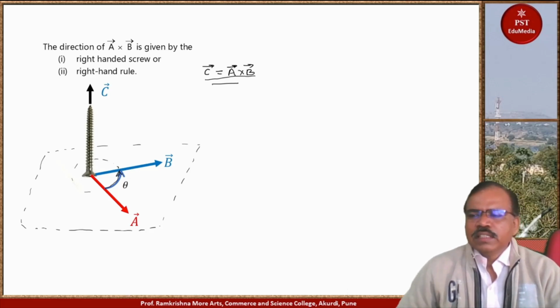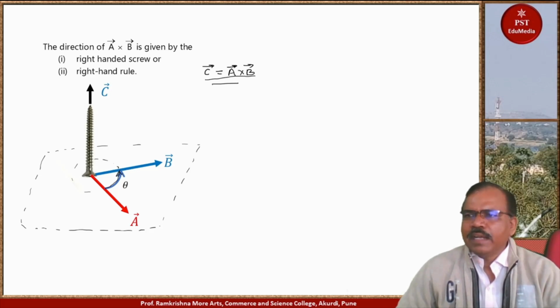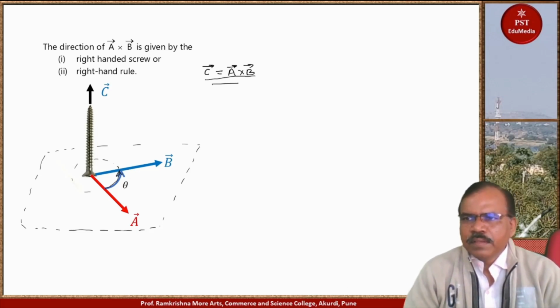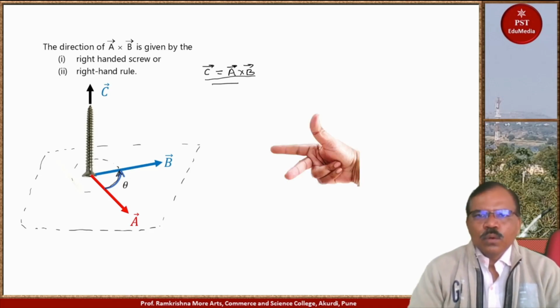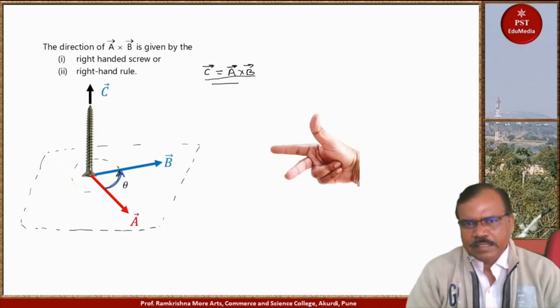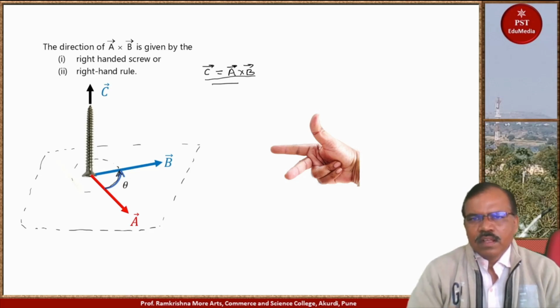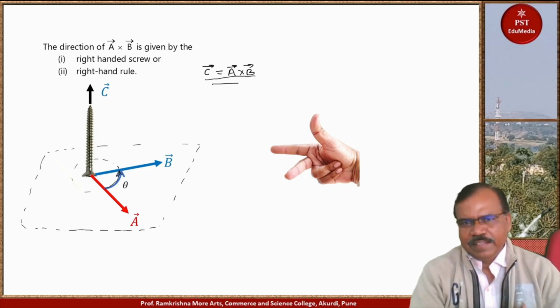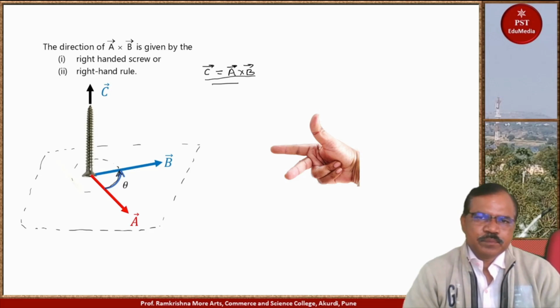Now another rule is the right hand rule. For the right hand rule, we take our right hand like this, and stretch out thumb, forefinger and middle finger like this, as shown in this picture.